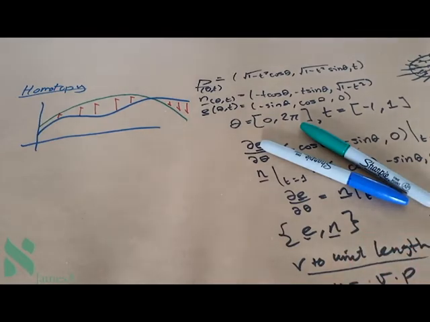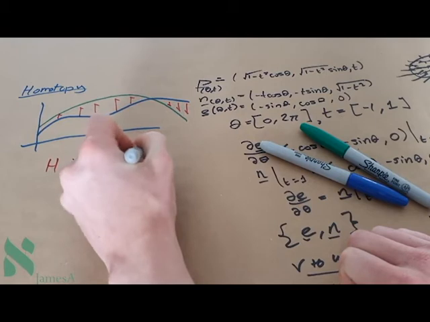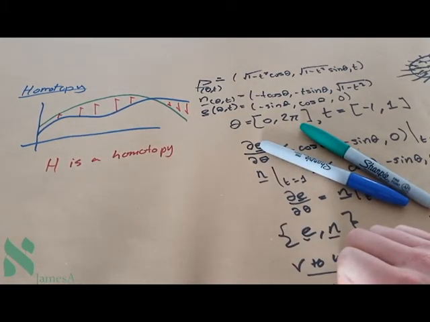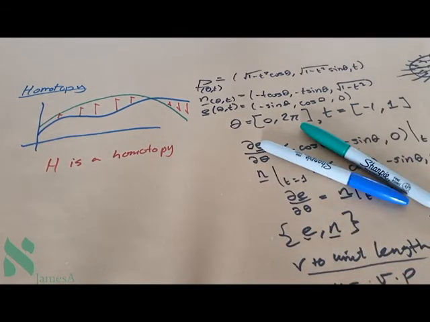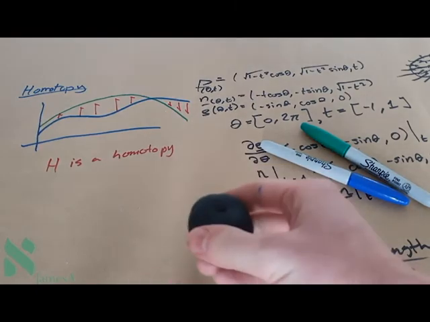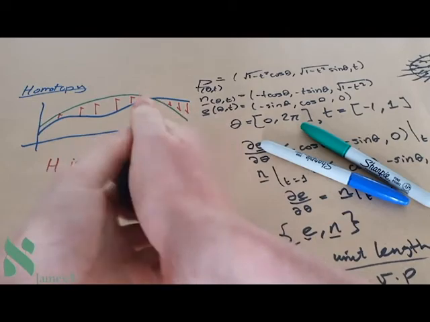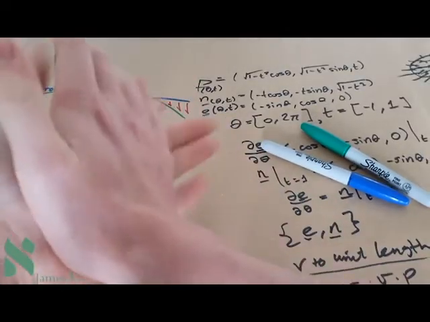Our H mapping is a homotopy because we can meld spheres and circles into each circle because we're not creating any more holes. So if we had a sphere here, we can meld it into a circle.